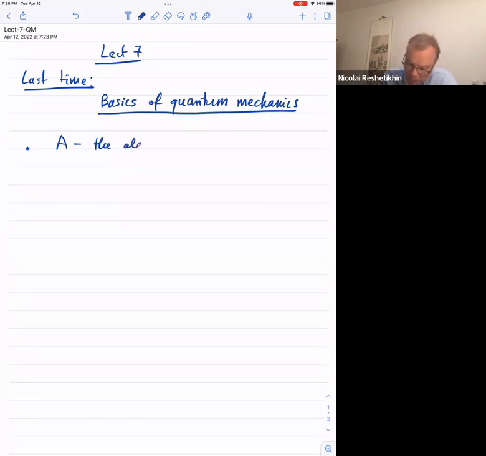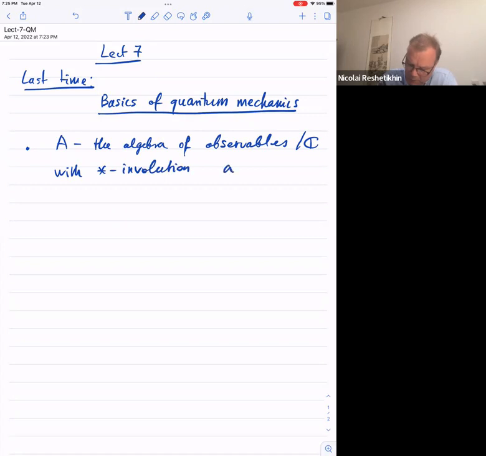So the algebra of observables. It's a little bit misleading term. It's an algebra of observables over C with star involution.